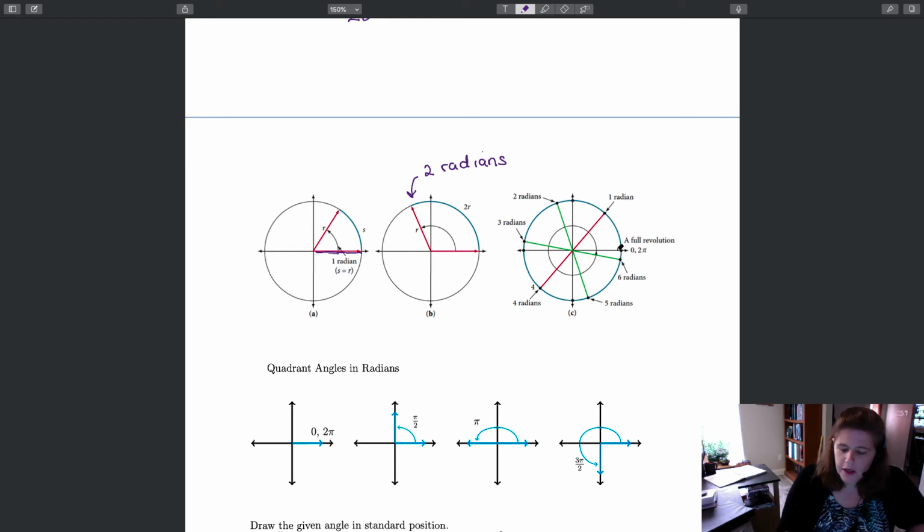So if you're starting at the initial side, 1 radian would be here, 2 radians when the arc is twice the radius is here, 3, 4, 5, and 6 go to here. Now, a circle itself, 1 full revolution, is 2 pi radians.